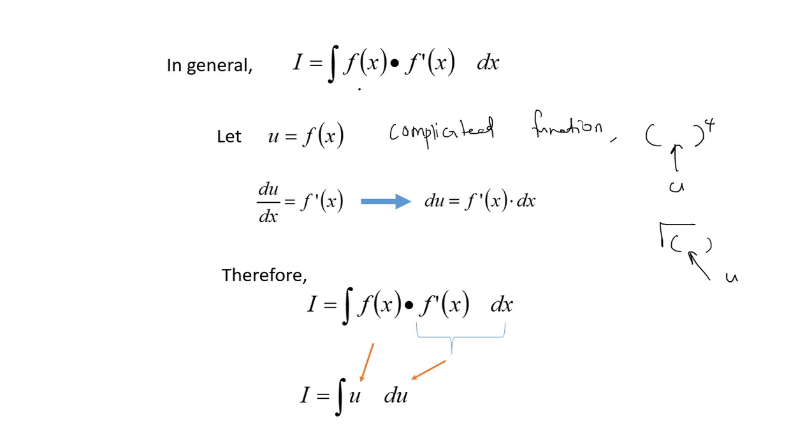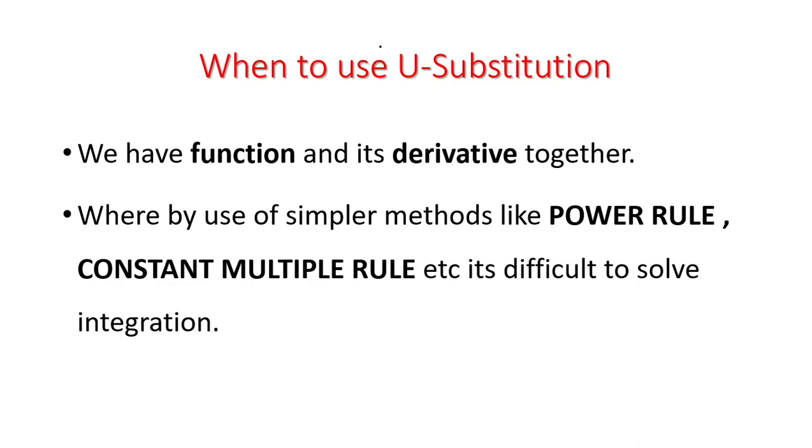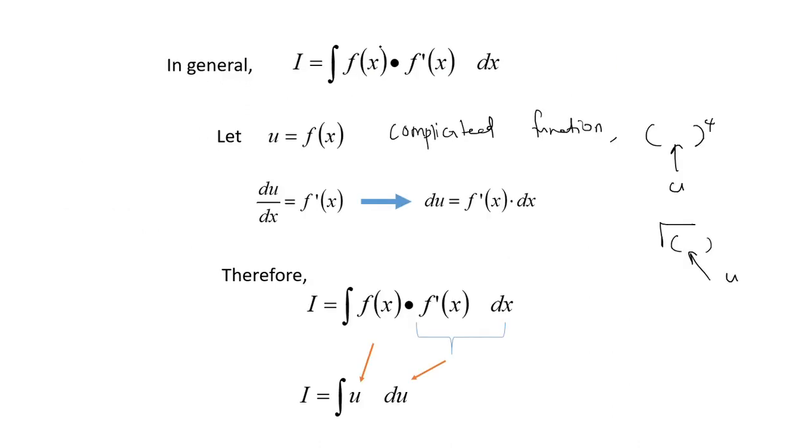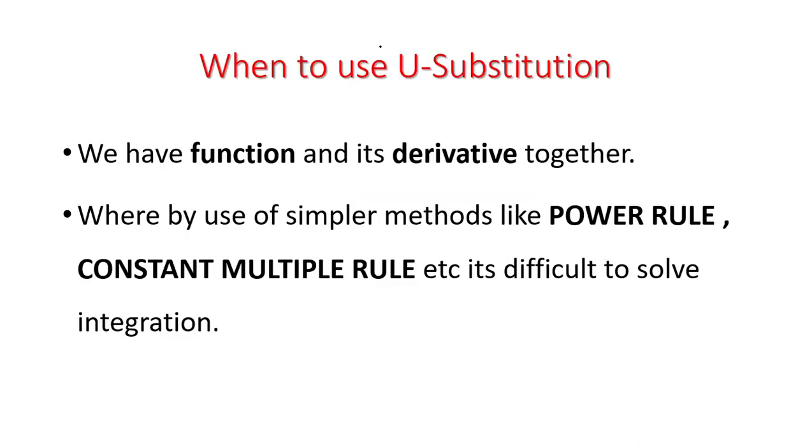So that's why we let u be f(x). But one of the functions, or the multiplication between two functions, one of them is a derivative of its function. Alright. So this is only in general we explain. Okay. So don't worry about this slide. Alright. Okay. When to use the u substitution?